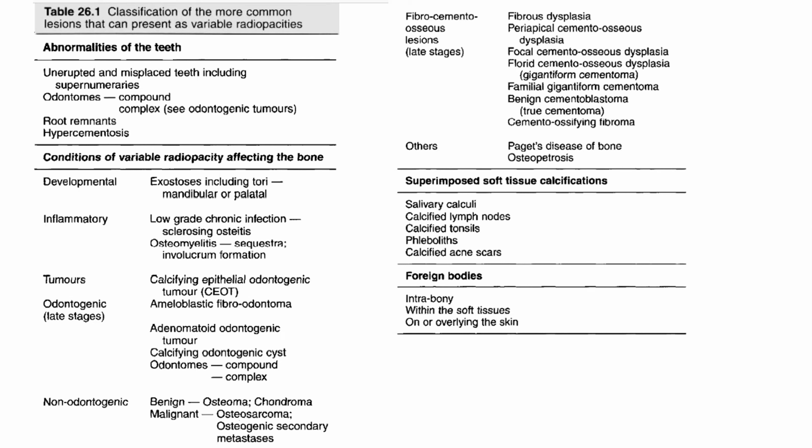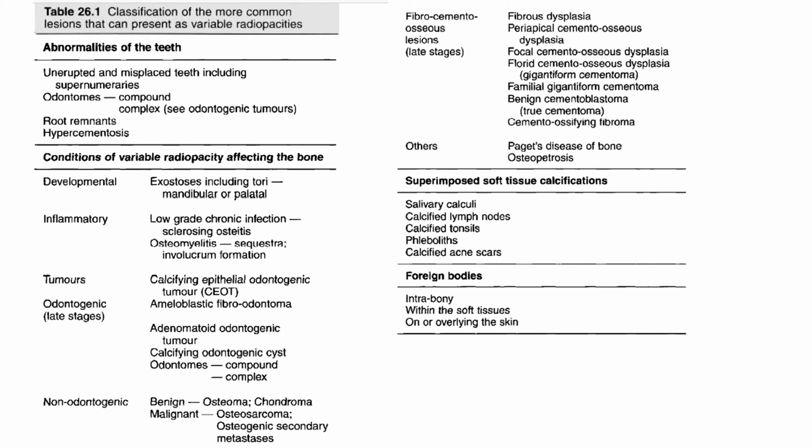Fibro-osseous lesions can also be fibrous dysplasia, periapical cemento-osseous dysplasia, focal cemento-osseous dysplasia, florid cemento-osseous dysplasia, familial gigantiform cementoma, benign cementoblastoma, cemento-ossifying fibroma. Others are included, such as Paget disease of bone and osteopetrosis.